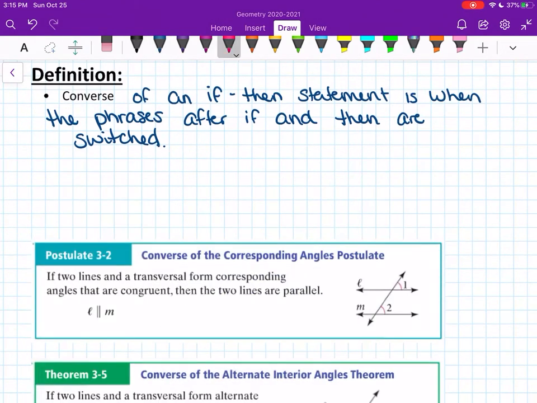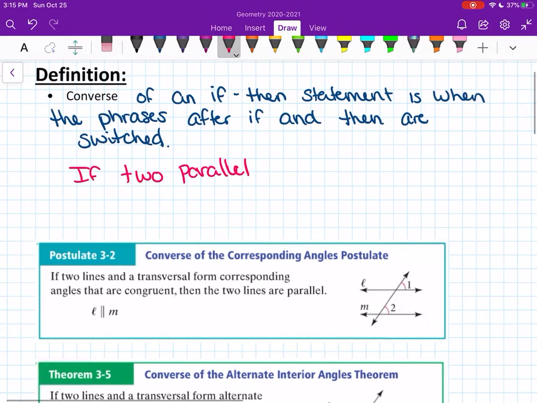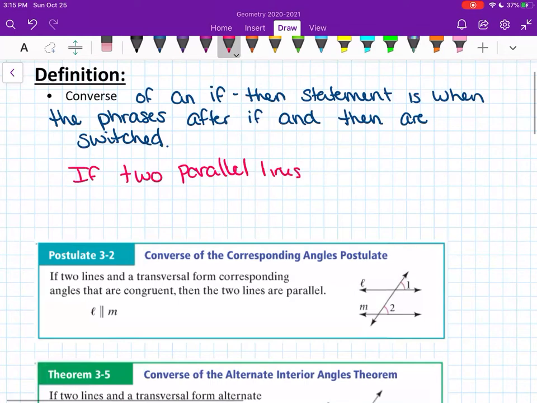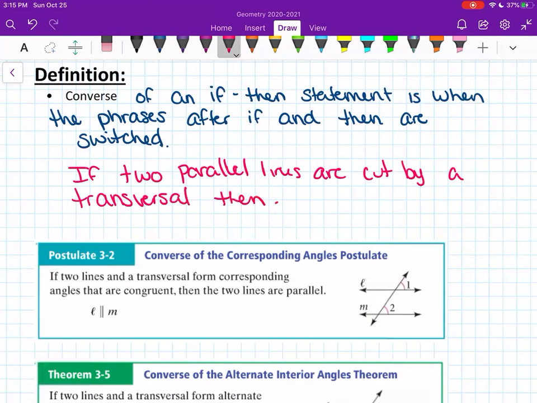So before we said if two parallel lines are cut by a transversal, then something about angles being congruent or supplementary. So today we are doing the converse of all of those.